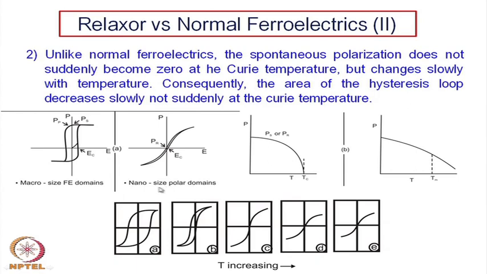Compared to that, in relaxor ferroelectrics there is also a hysteresis loop, but it looks quite different. Not only is the width of the loop much smaller, the coercive field is much smaller, and the remnant polarization is also very small.